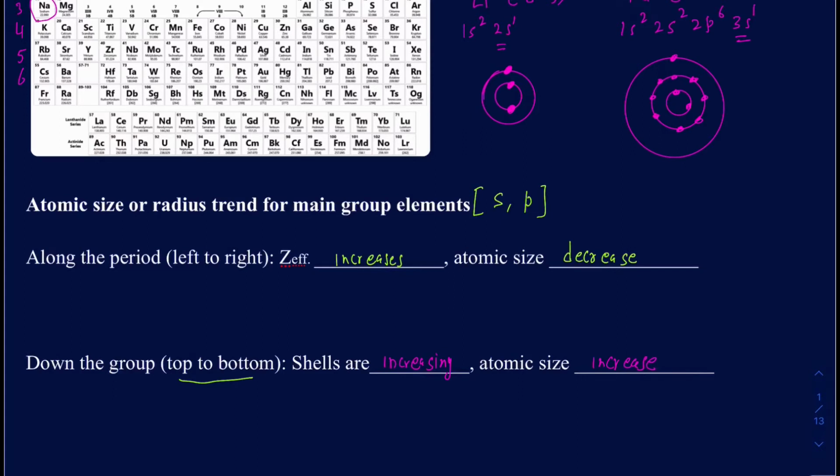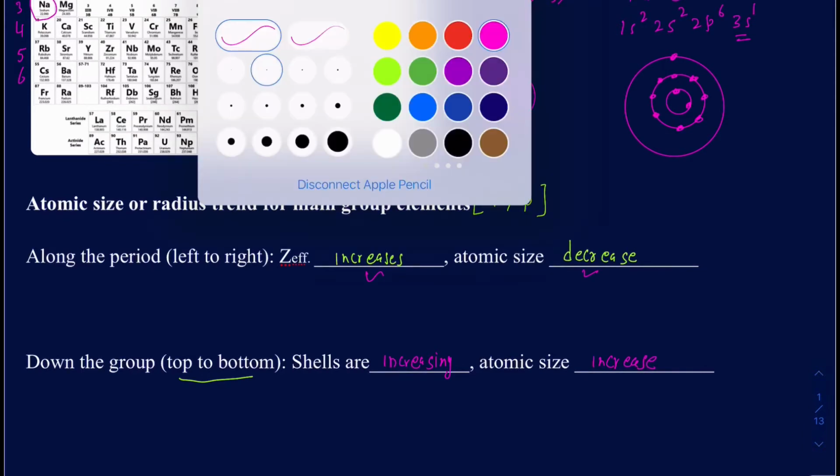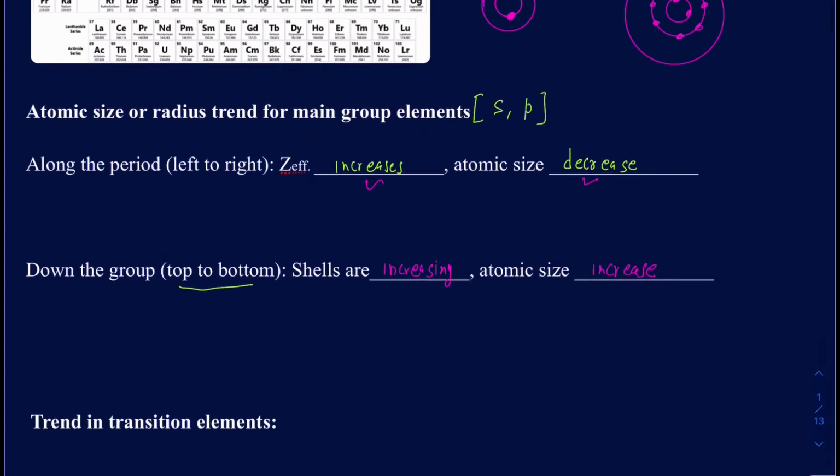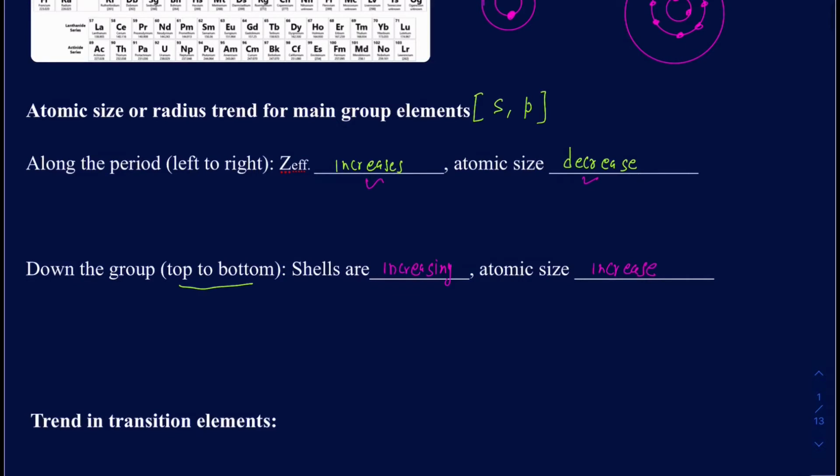When you're going along the period, you focus on the Z effective, which increases and decreases the size. But when you're going down the group, you are increasing the shells, and sometimes you may see in books that the value of n is increasing. n just means 1, 2, 3, 4 for the principal quantum number. That also increases the size.